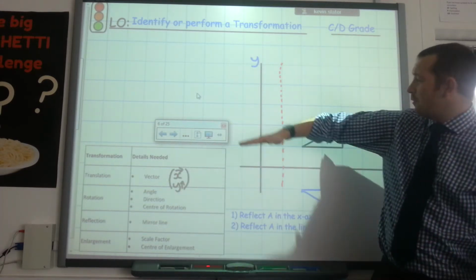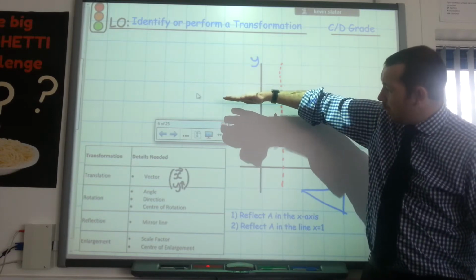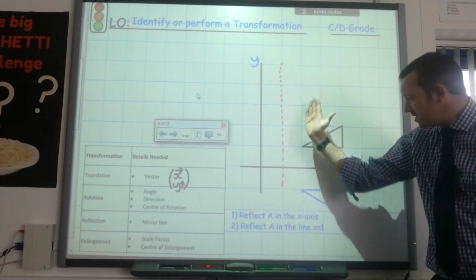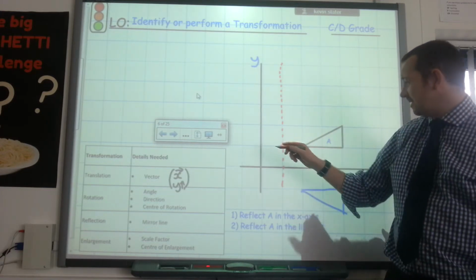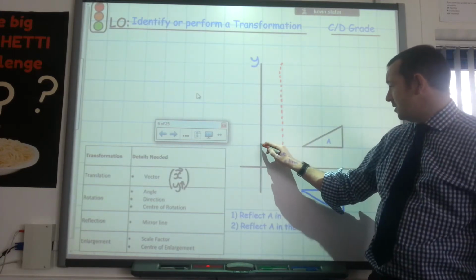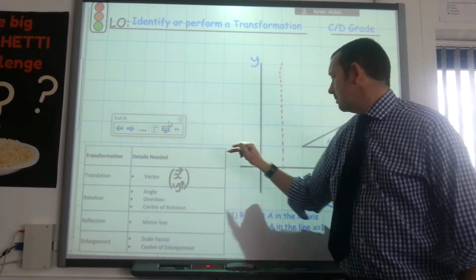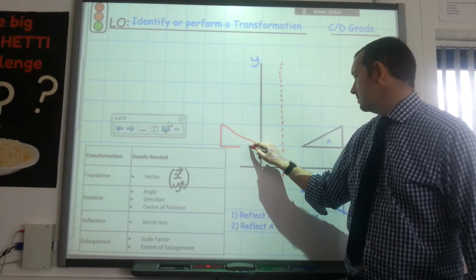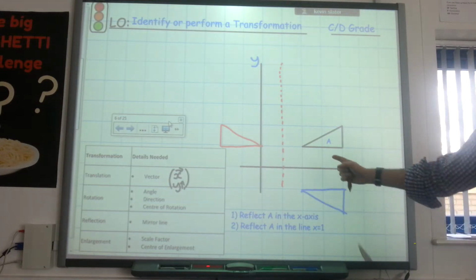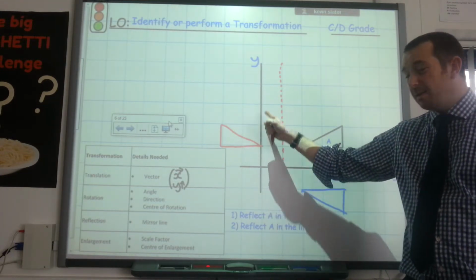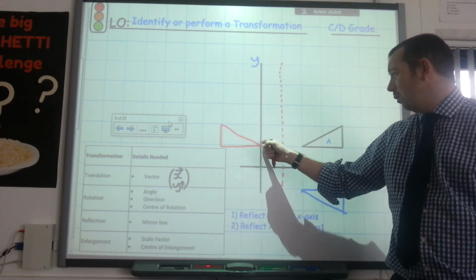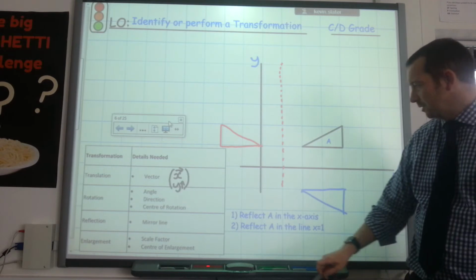If I had horizontal lines, there would be y equals 4, y equals 2 and so on. But this is x equals 1, so I'm going to reflect in that line. It's 1 square away there, so it needs to be 1 square away here. So I think we are looking like that. Don't make the mistake of reflecting it in the y-axis, but we've been asked to reflect it in that line there. 1 square away, 1 square away, and then I think we're done.